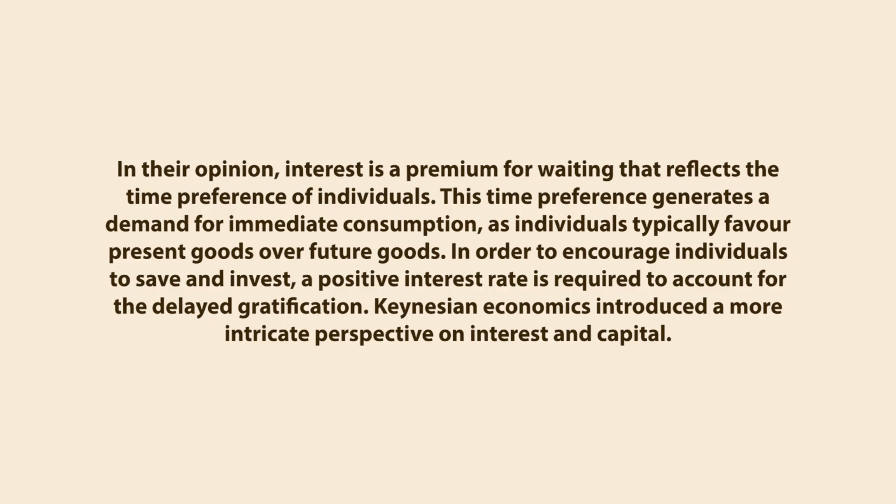In their opinion, interest is a premium for waiting that reflects the time preference of individuals. This time preference generates a demand for immediate consumption, as individuals typically favor present goods over future goods. In order to encourage individuals to save and invest, a positive interest rate is required to account for the delayed gratification.